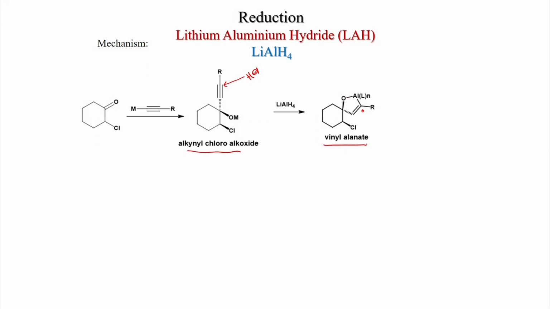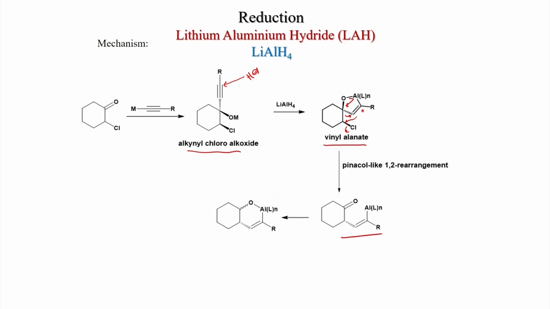This is called vinyl alanate, and after a pinacol-like 1,2 rearrangement you get a carbonyl compound. So it will be like this, a carbonyl compound, and you get this one. This is an SN2 substitution reaction, where you get the alpha attack, and after acidic workup you get a double bond here, which is trans.